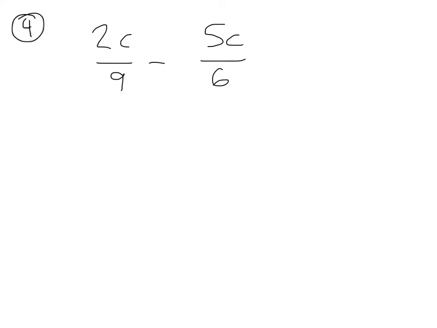All right, so fractions and subtraction. I have to have what? Common denominators, right? So let's see. Well, I have a 9 and a 6. So what's the least common denominator I could create out of that? Let's try 18. Okay. So I want to make both fractions have a denominator of 18. Question is, what do I do to 9 to make it 18?